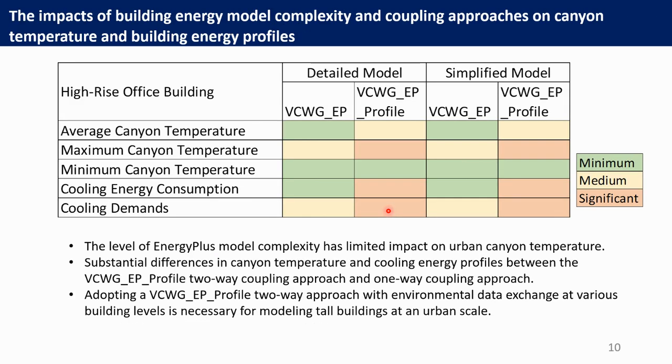This is my last slide, just to summarize the impact of our study. Basically, we look into the impact of both building energy model complexity as well as the coupling approach on the urban canyon microclimate temperature prediction, as well as the building energy profile, energy consumption, and energy demand prediction.